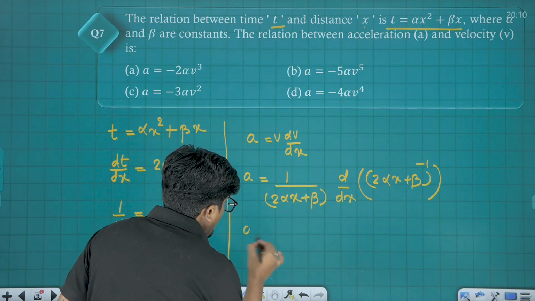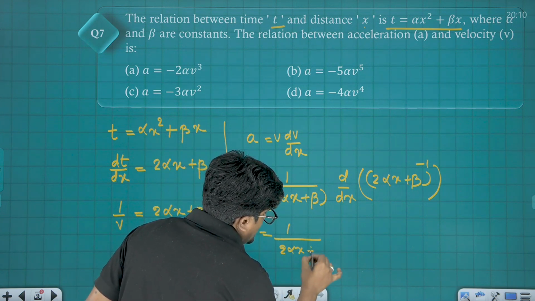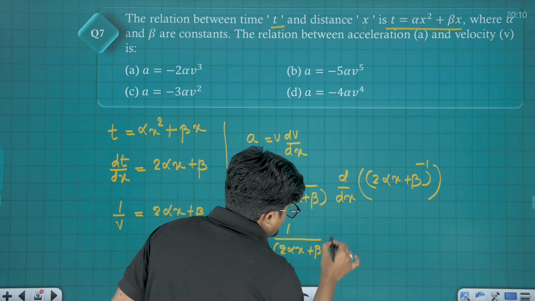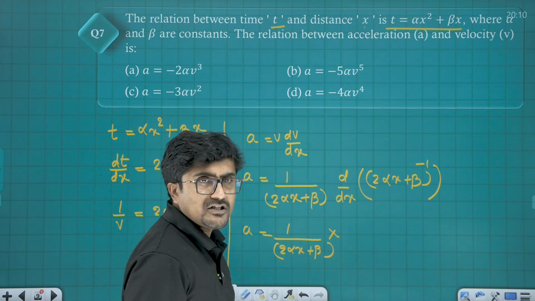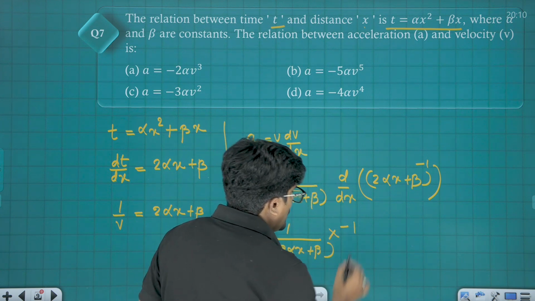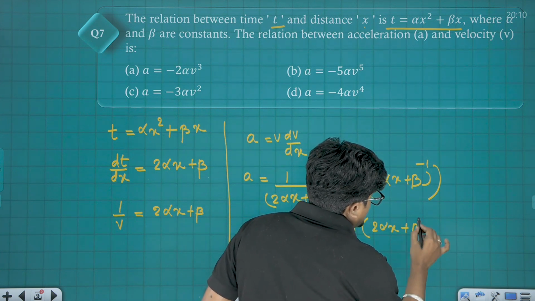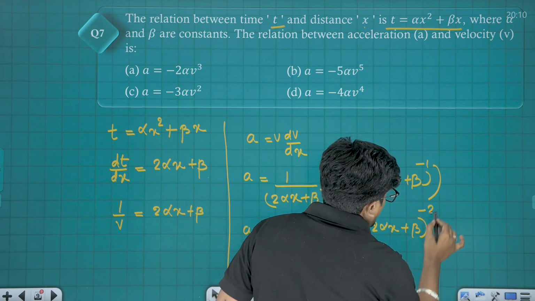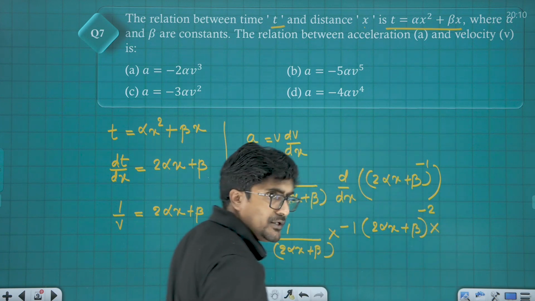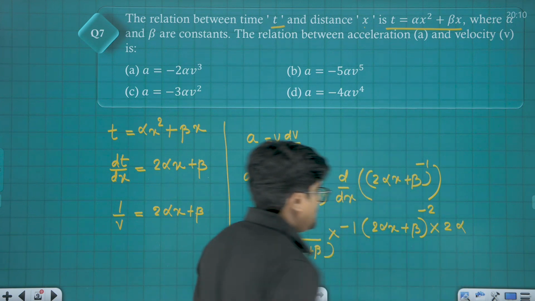Now acceleration a is 1 upon 2 times alpha into x plus beta, into, if I go for the differential of this, it is going to be minus 1, into 2 times alpha into x plus beta all raised to minus 2, into differential of this, which is 2 times alpha.